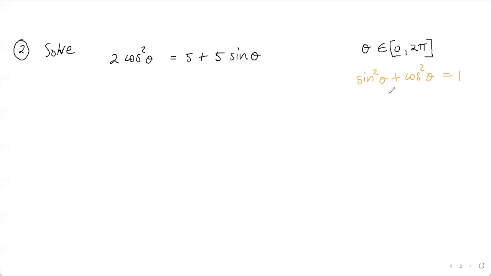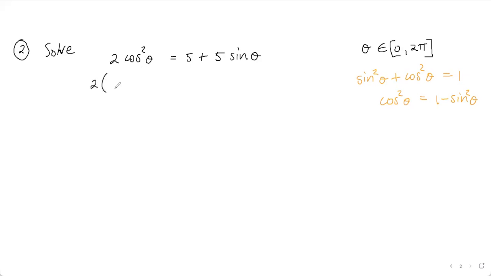Okay, so if I rearrange that to make cos squared theta the subject, I can say that it's equal to 1 minus sine squared theta. So this is our way of turning cos into sine and vice versa. So here, I'm now going to substitute for this cos squared theta.